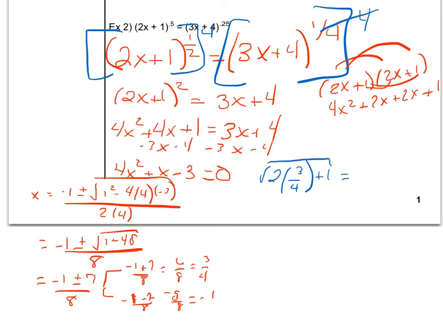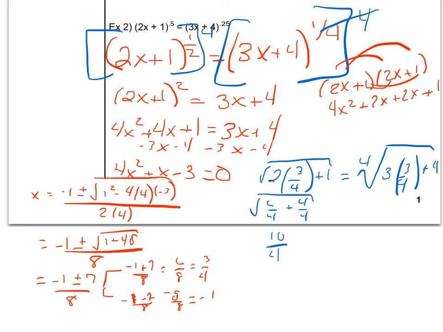Does that equal the fourth root of 3 times 3 over 4 plus 4? Well, 2 times 3/4 is 6 over 4. I'm going to rewrite 1 as 4 over 4, so it has a common denominator. 6 plus 4 gives me 10 over 4, and the square root of 10 over 4 is the square root of 10 over 2.